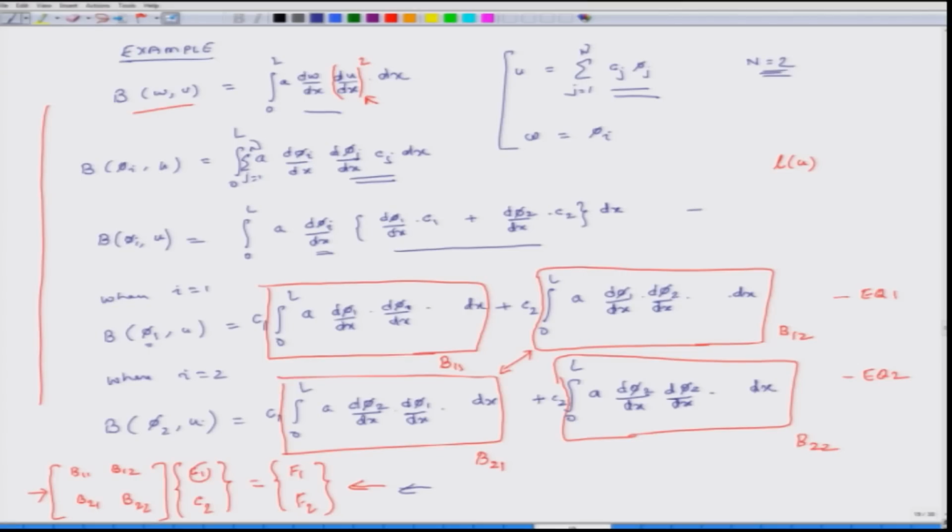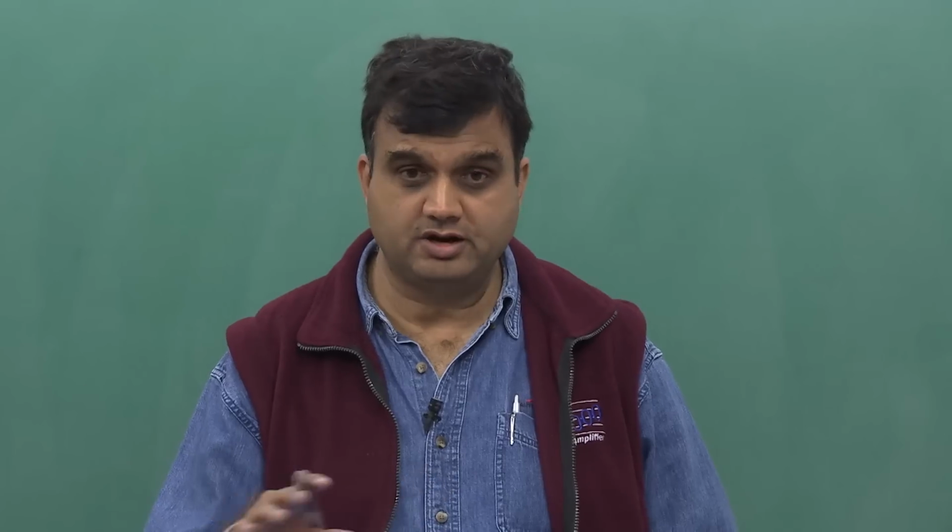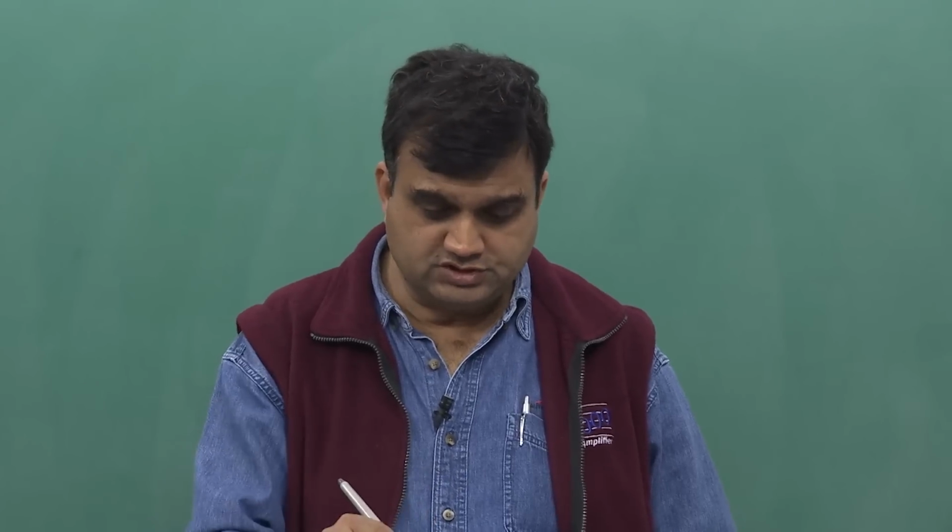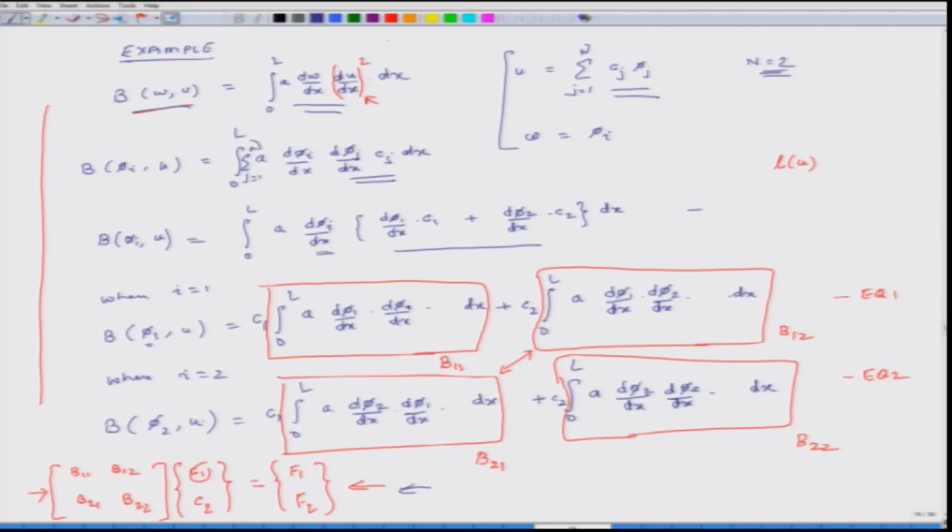They are symmetric because B is symmetric, and these equations are linear because B is bilinear. If they are linear equations, they are very easy to solve. If they are non-linear, then it is a much tougher problem. So, in the context of this course, we will be solving only linear problems.